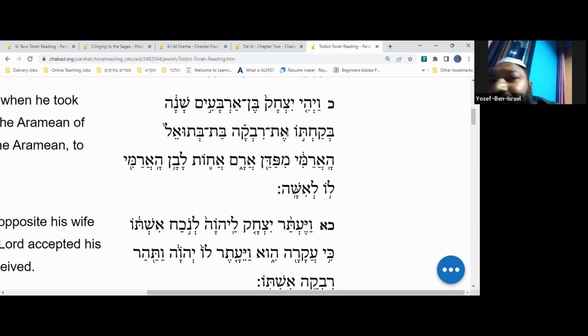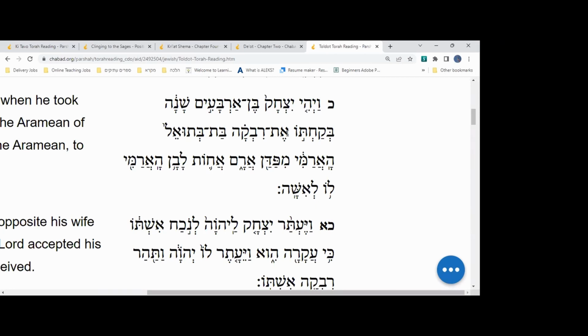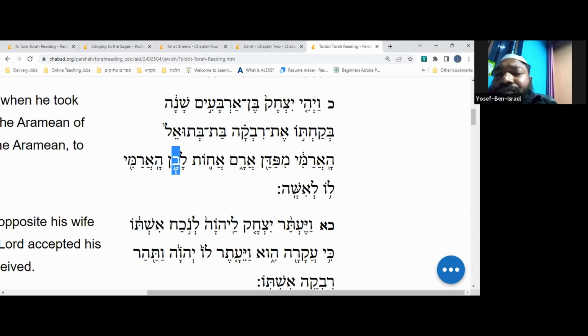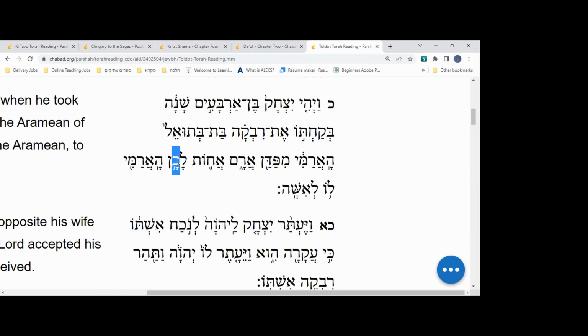So, for all 6 Beged Kefet letters, if there is no dot inside of it, then any of the Beged Kefet letters that has no dot inside of it should make a sound which can be elongated. By elongated, I mean you can continue to make that sound without stopping, without pause.